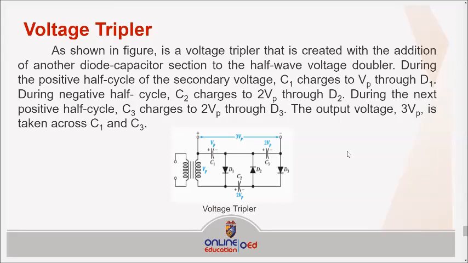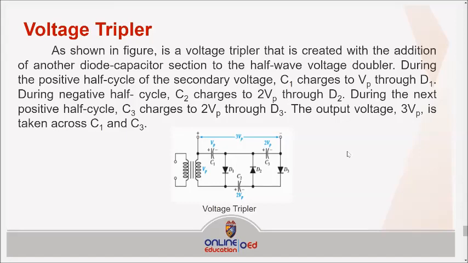Then, ang output voltage naman natin is magiging 3 VP or 3 beses nung peak voltage, taken across capacitor 1 and capacitor 3. From the word itself naman, voltage tripler, ibig sabihin, ang output voltage natin is magiging 3 beses nung peak voltage natin. Kaya ginagamitan siya ng ilang capacitor, 3 capacitor din yung gagamitin natin: C1, C2, at saka C3.